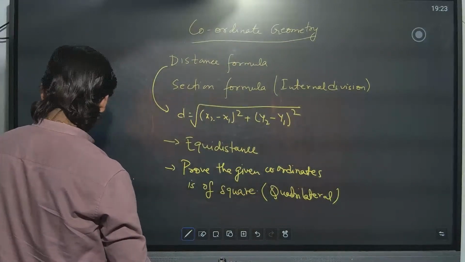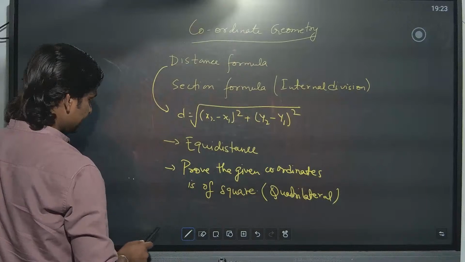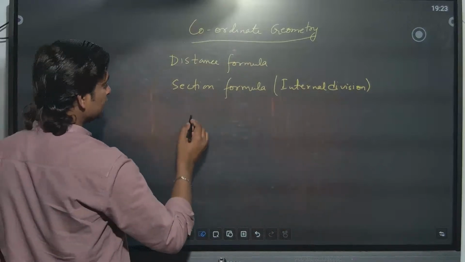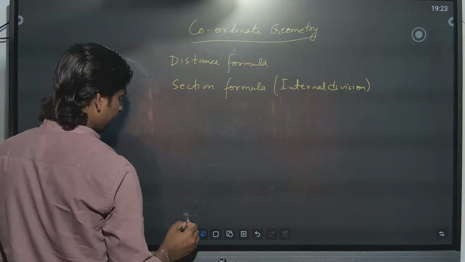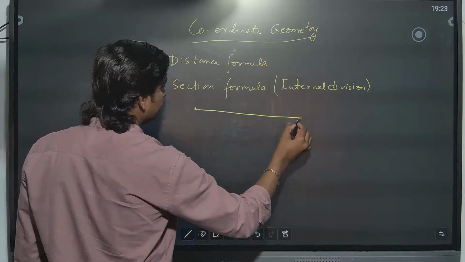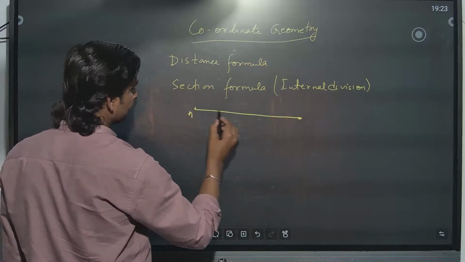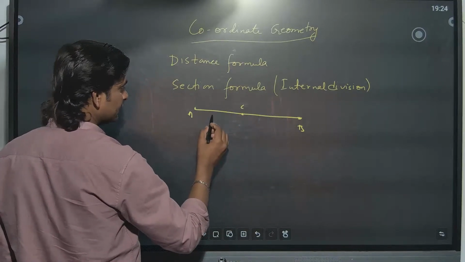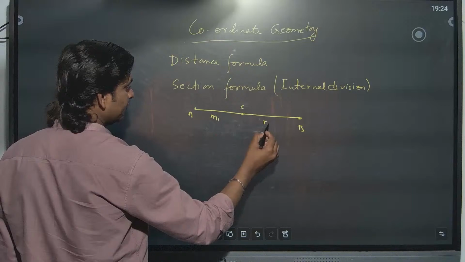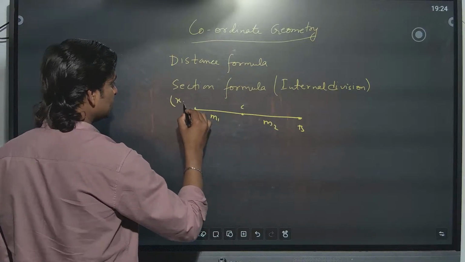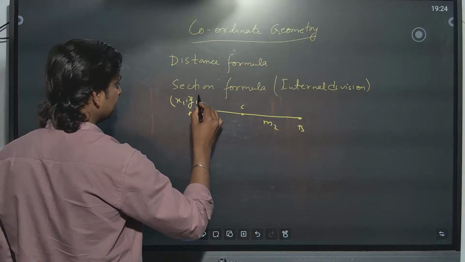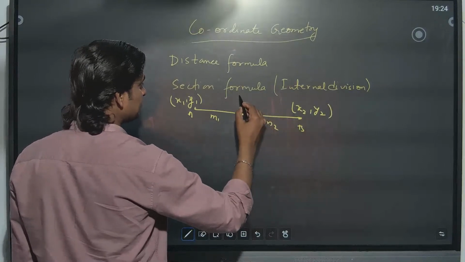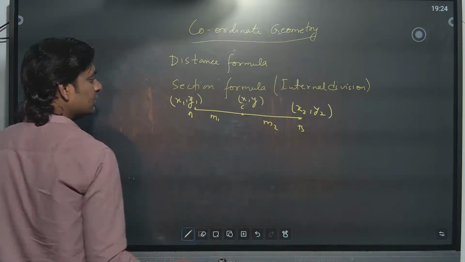Okay. Next we come to the section formula. So another concept is the section formula. Section formula is nothing but this: when a line is divided by a given point C in the ratio m1 to m2, where this is x1 y1, this is x2 y2, and this is xy.